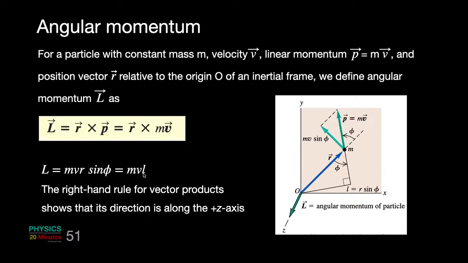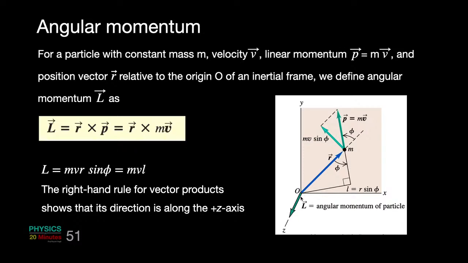What will be the direction of L? So remember, it's a cross product. So you have to curl your right hand fingers from vector r to vector v. So this is my vector r direction. Keep your right hand palm stretched in this direction, and then you curl it towards p, towards v, this way. So when you curl it, the outstretched thumb will give you the direction of angular momentum vector.